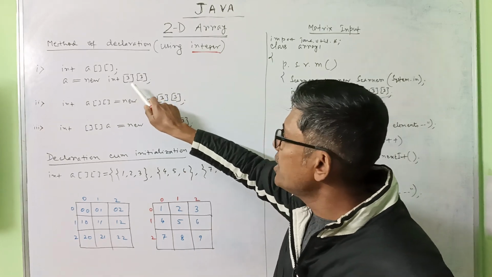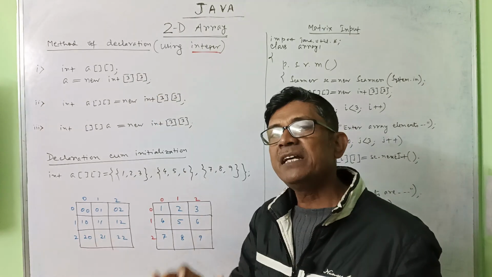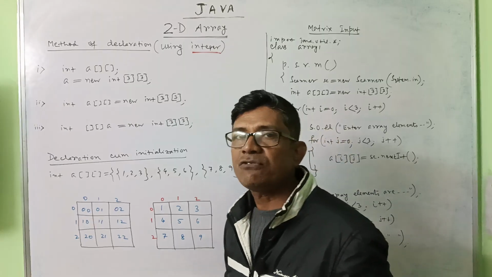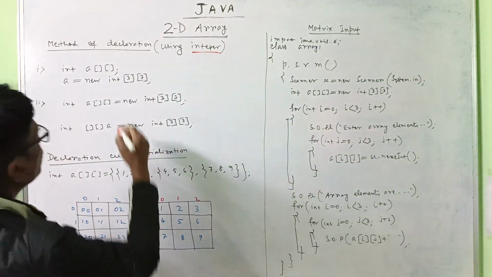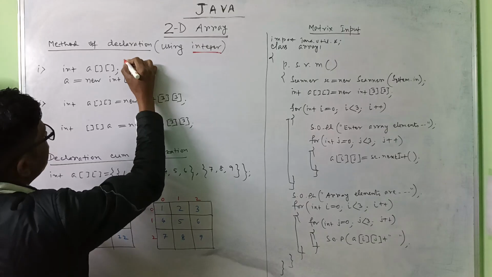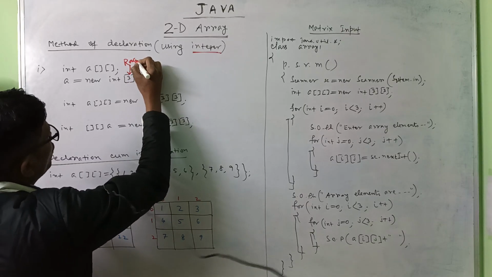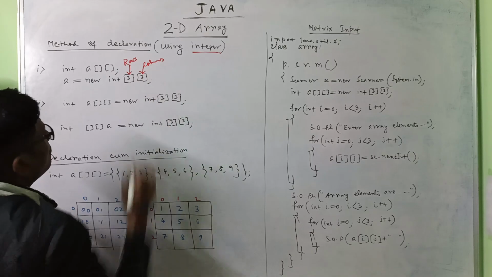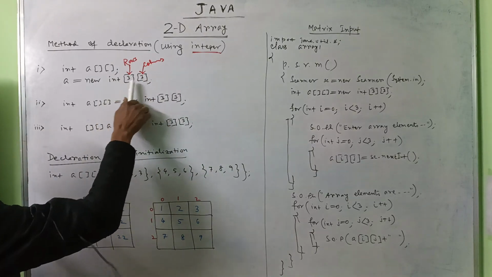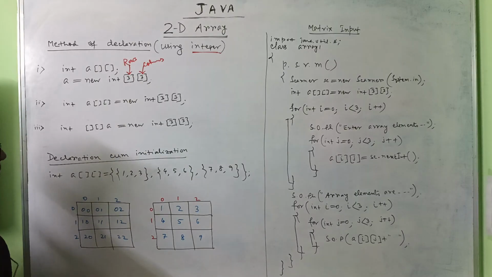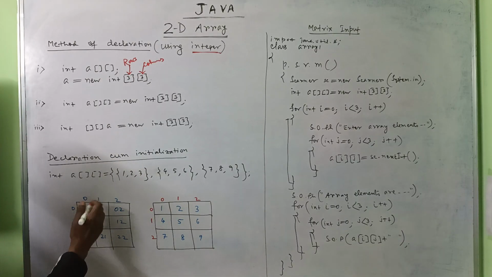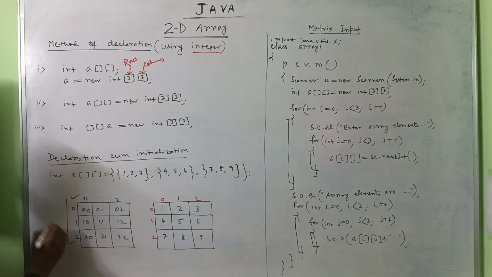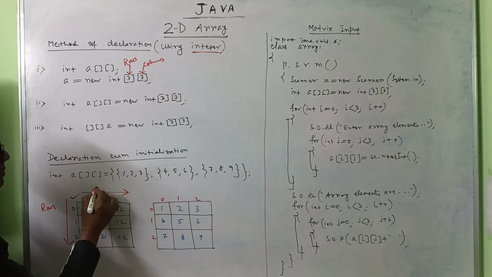If you write 3 3, that means the size is 3 3: the first is the number of rows and the second is the number of columns. So 3 rows 3 columns. This is the shape for 3 rows 3 columns. This side is called rows and this side is called columns.